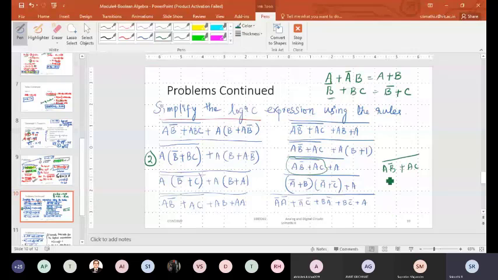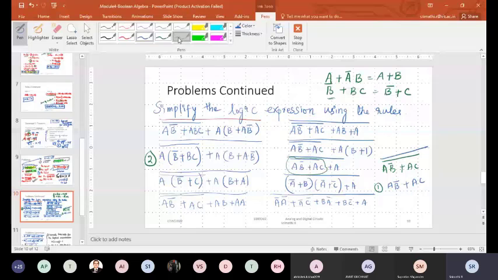How will I use De Morgan's law? The first step, I need to take inversion, so bar the whole bar will be removed. I'll take the complement and have AB bar + AC.